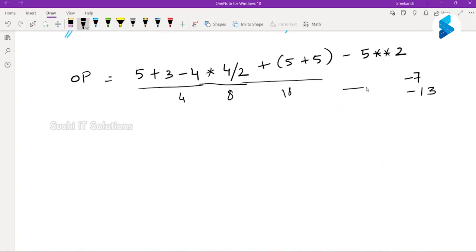-7. Okay, wonderful. Now let us go back to the basic mathematics fundamentals. Do you all remember this? BODMAS. What does this rule say? The one in the brackets is first.